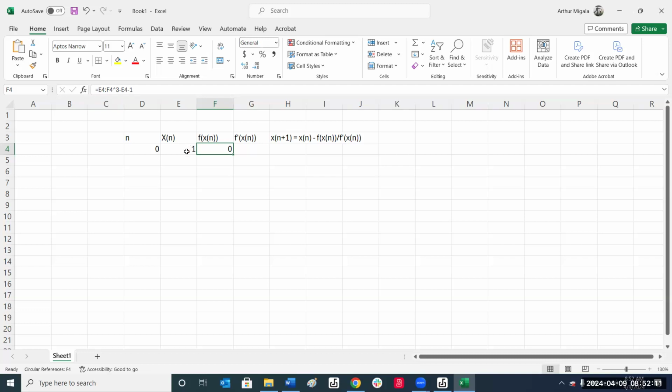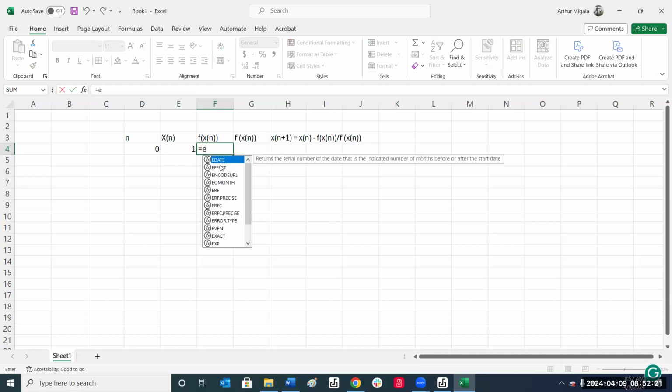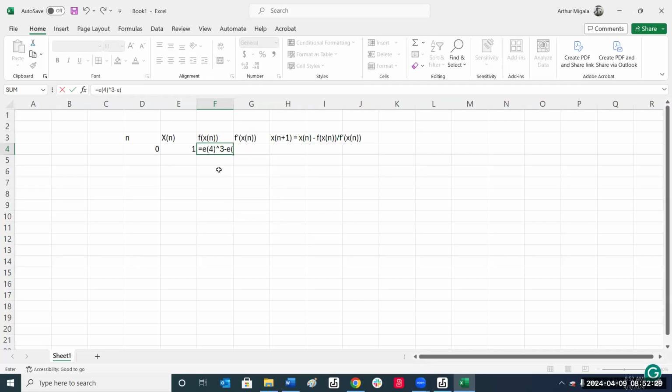It's that value. So it's going to be E4 cubed minus E4 minus 1. X cubed minus x minus 1.